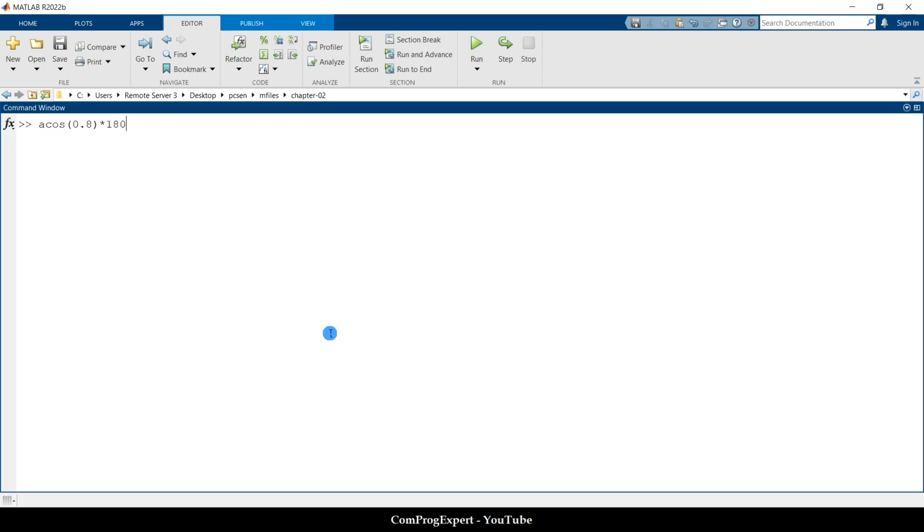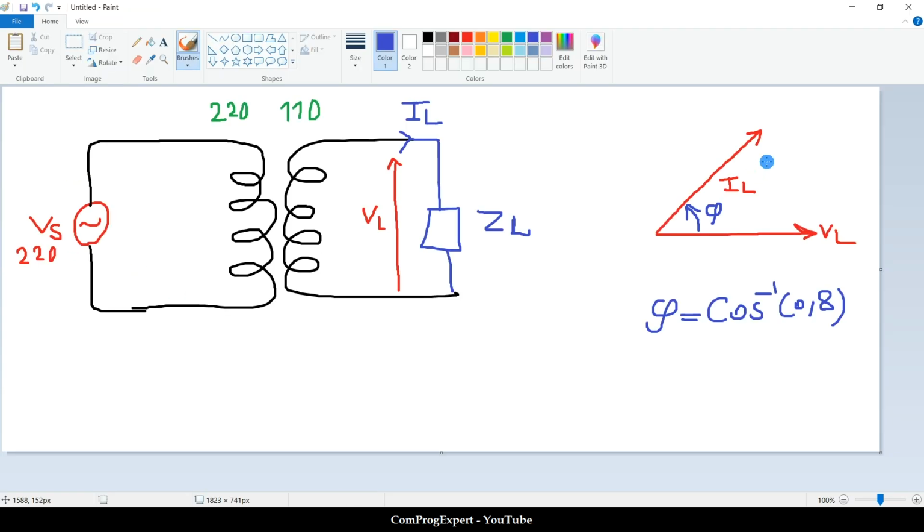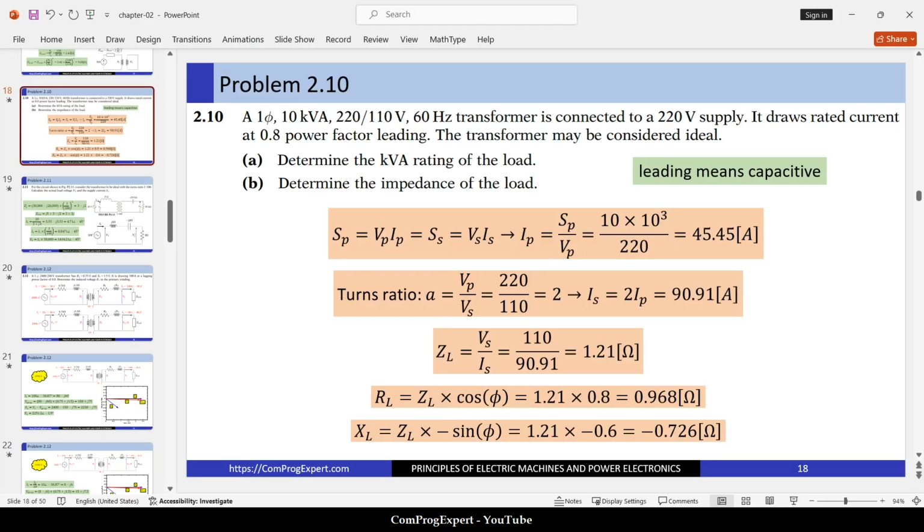We should multiply it by 180 divided by pi to calculate in degrees. So the phi angle is 36.8 degrees. So these are the parameters, the inputs of this problem.